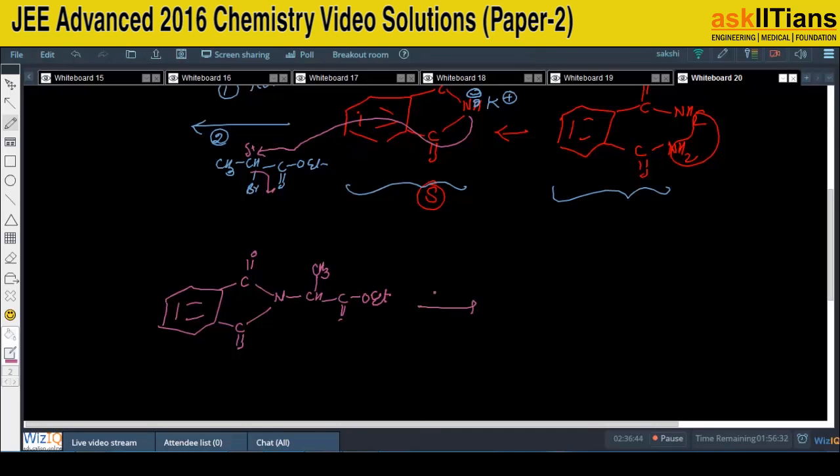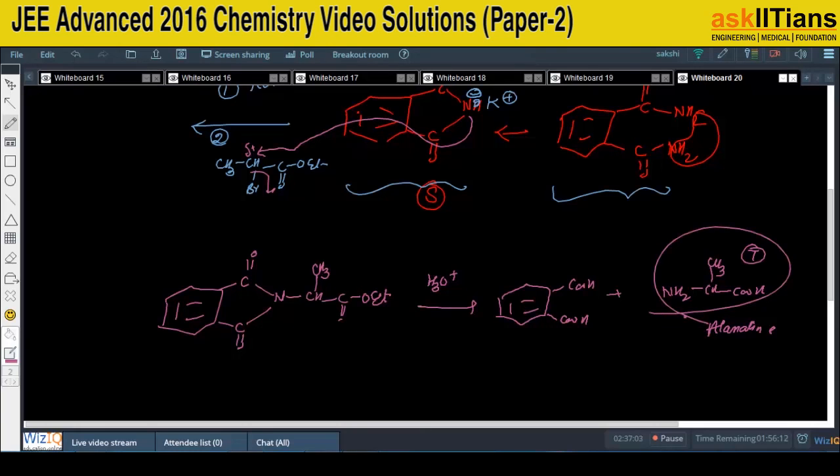Now if I ask you to do the hydrolysis, you will get phthalic acid, COOH, COOH, and then you will get NH2, CH, CH3, COOH. This is alanine. So this was the compound number T, and in the options, the compound T was either glycine, alanine, valine or serine. So option number B will be the correct option for question number 36.